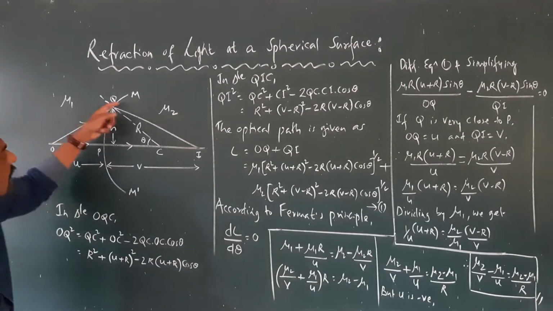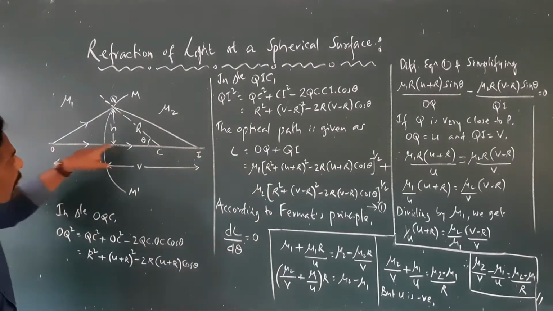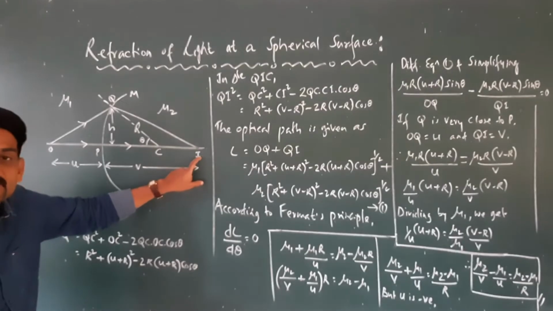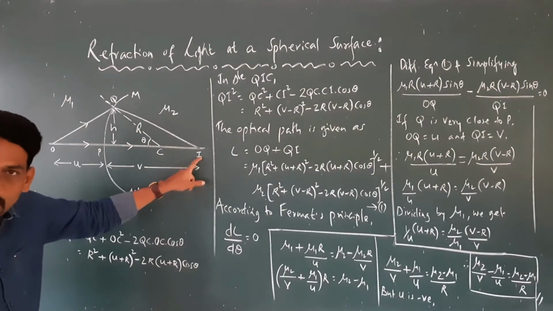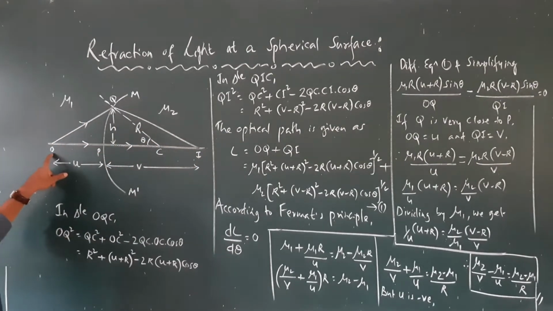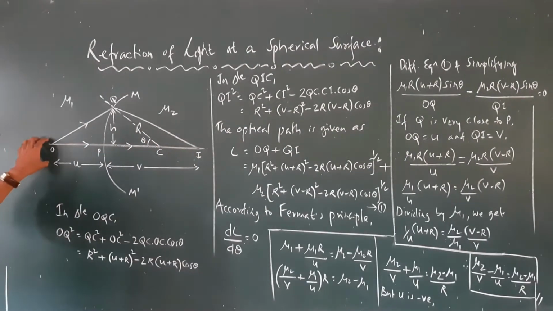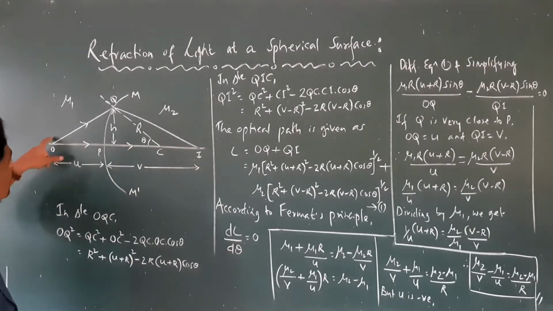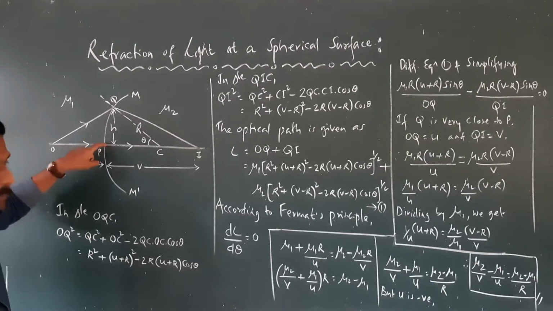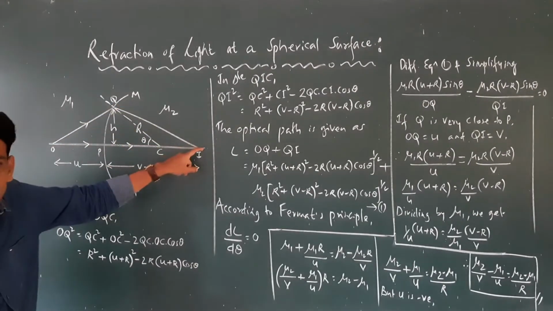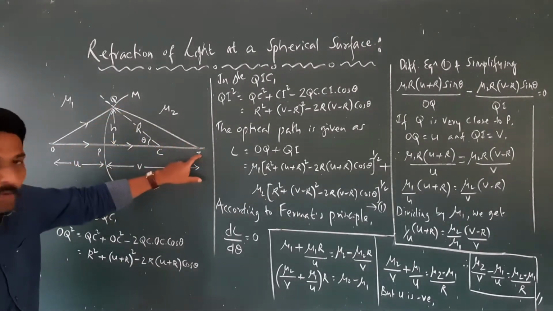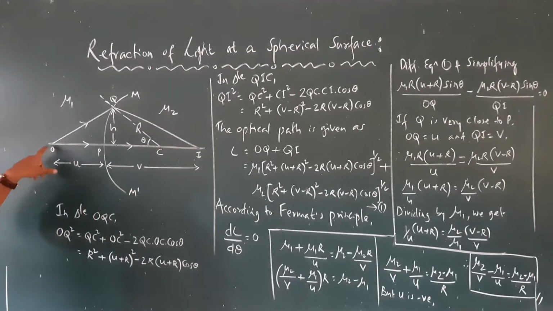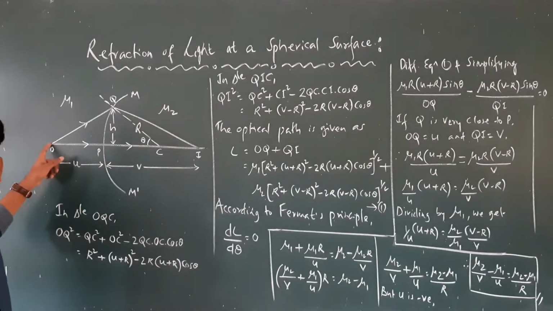The refracted ray QI and the incident ray OPI meet at point I, and I becomes the image of the point object kept at point O.